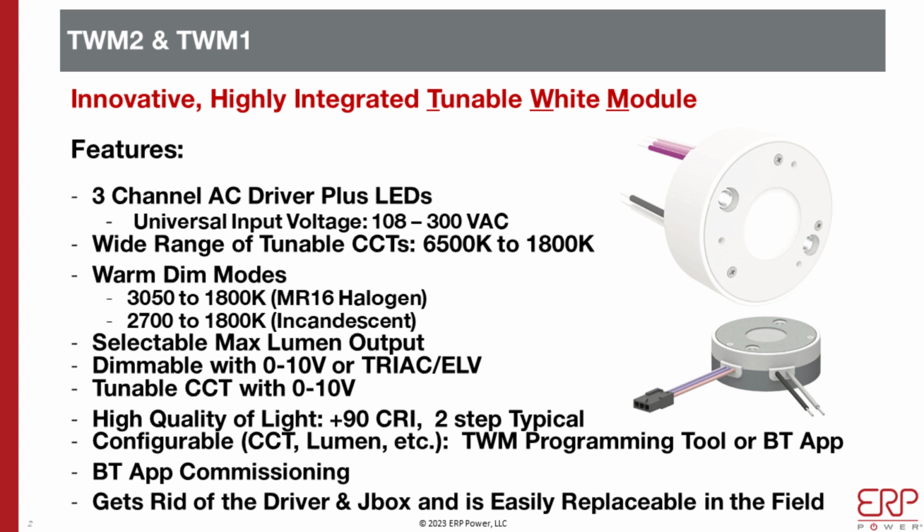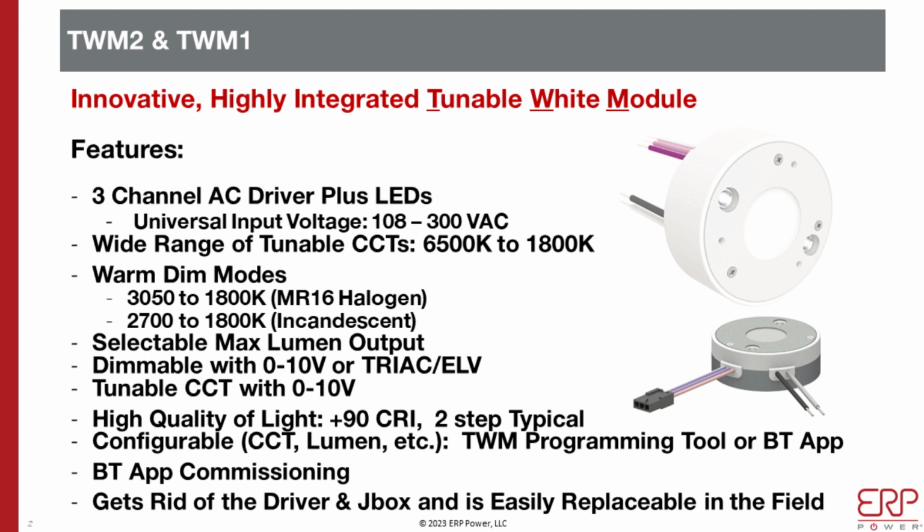Also, it supports warm dim modes. There are 2 warm dims already programmed there. One is halogen, another one incandescent. Halogen range is from 3050 to 1800K, and incandescent is from 2700 down to 1800. On top of it, you can select the lumen output. At certain times you install the fixtures and then people may want higher or lower lumen, maximum and minimum.